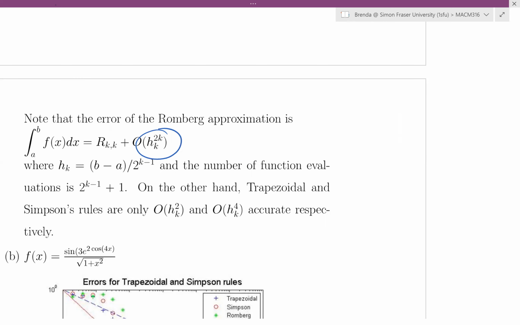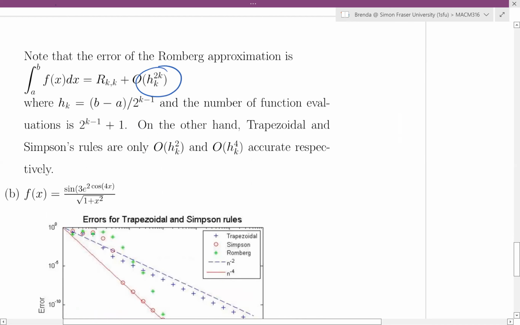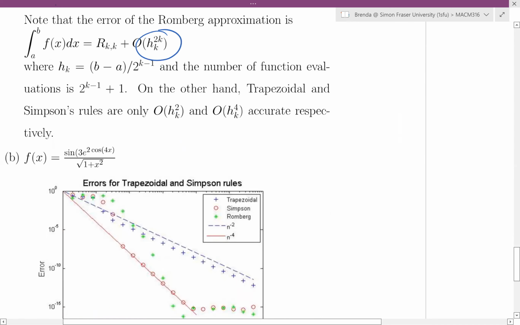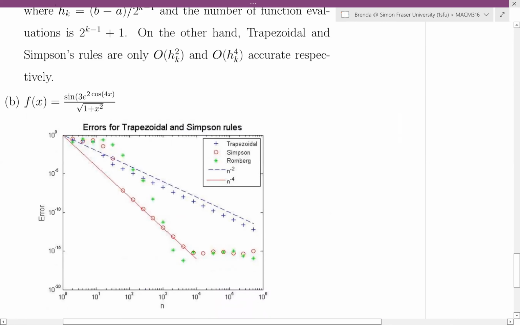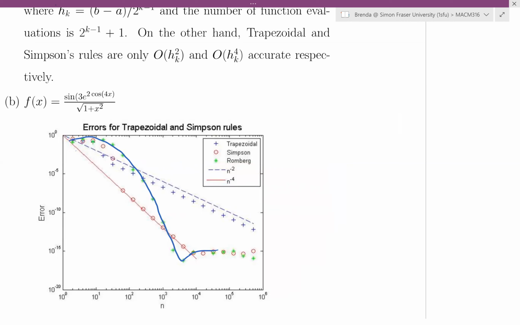Okay. However, one thing to be aware of is that for some types of functions, you don't get the hoped for gain. You see here, we've got the trapezoidal, we've got the Simpson, and then we've got our Romberg. Let me just draw a line here. We didn't really get much of anything out of it.